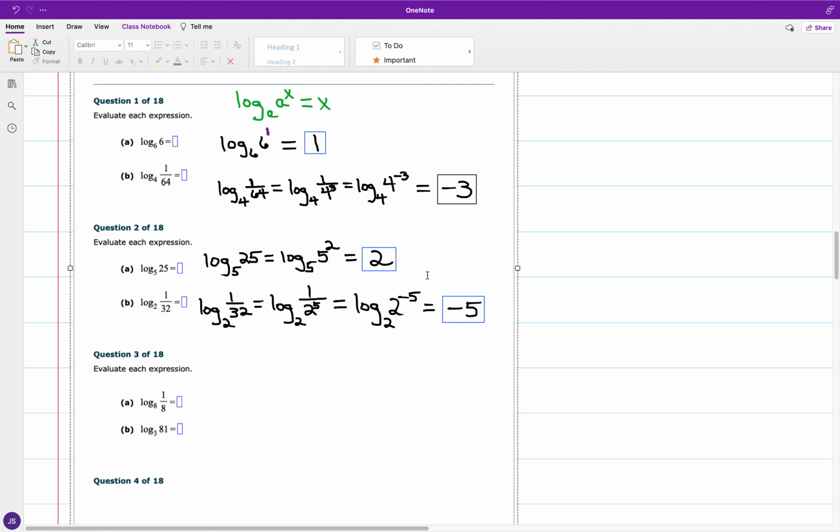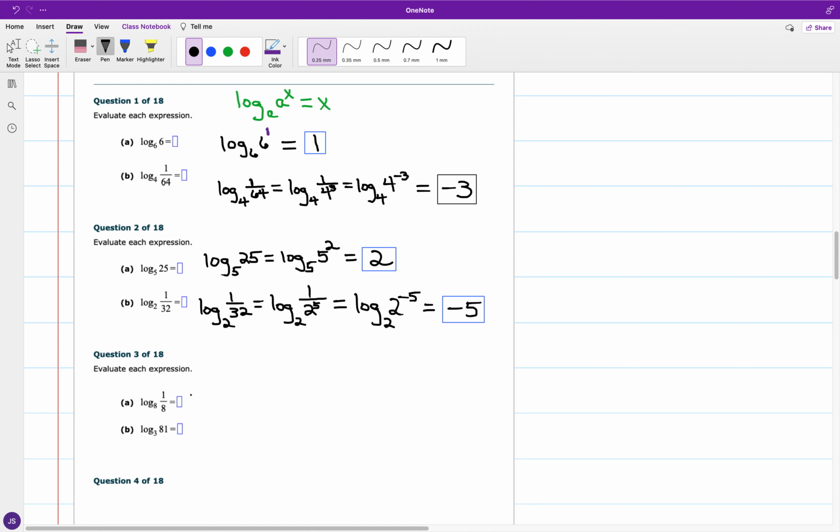For the third item, we're still evaluating expressions. In part A, we have the base 8 logarithm of 1/8. Now we have a fraction, which is the same as 1 over 8 to the first.